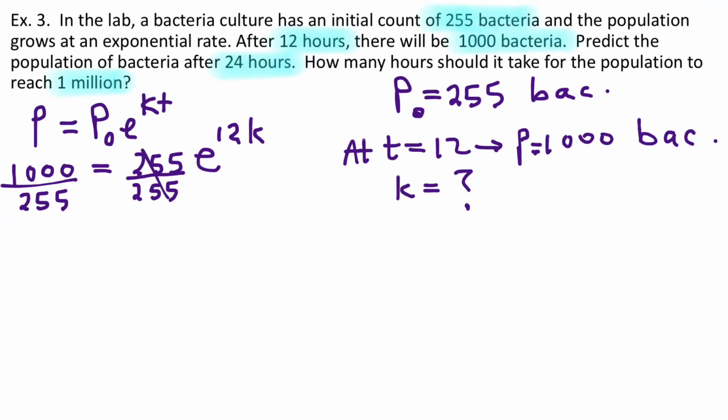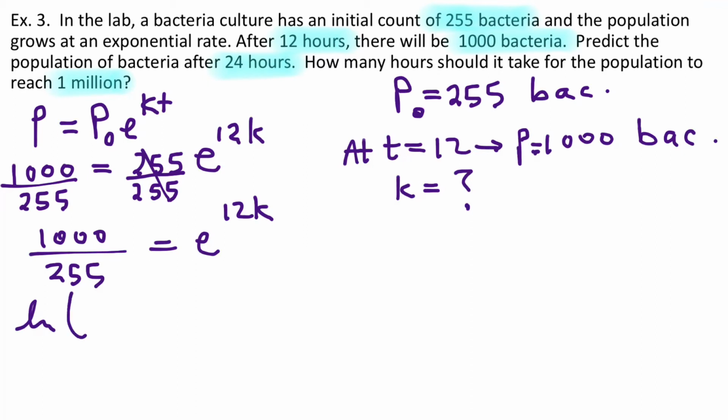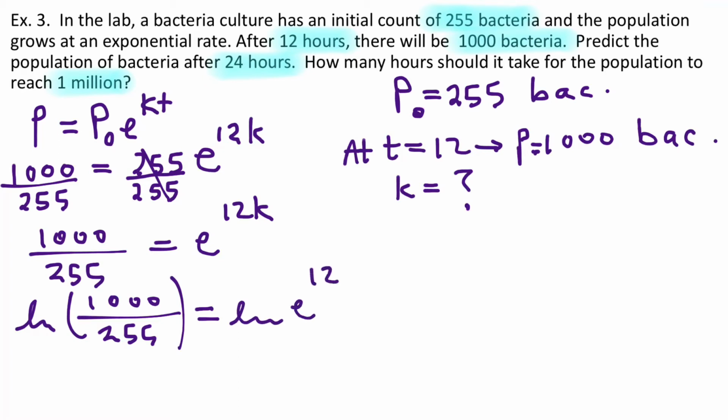All right, so I've got 1,000 over 255 equals e to the 12k. So we're going to take the natural log of both sides. We need natural log of 1,000 over 255 equals natural log of e to the 12k.